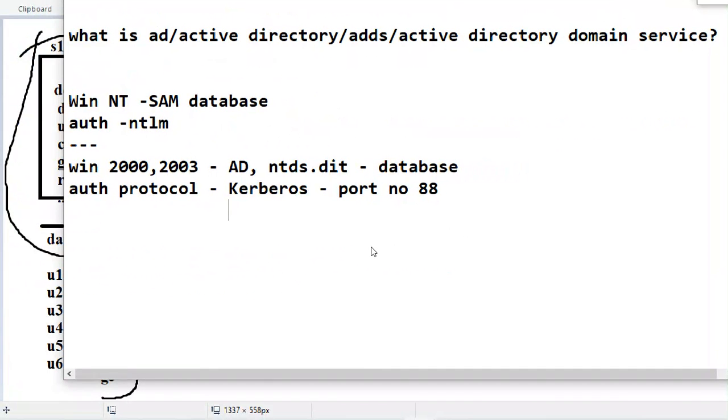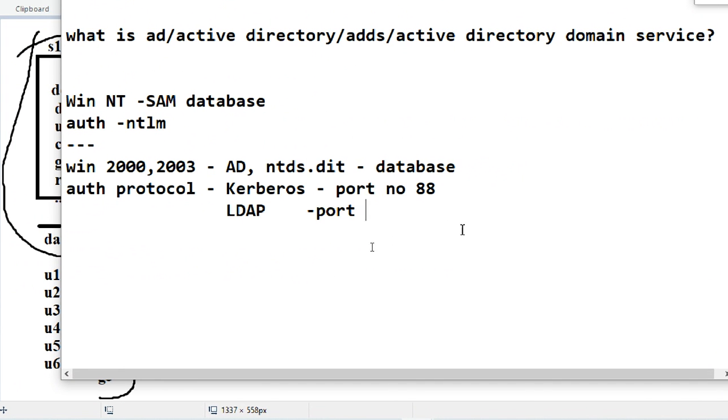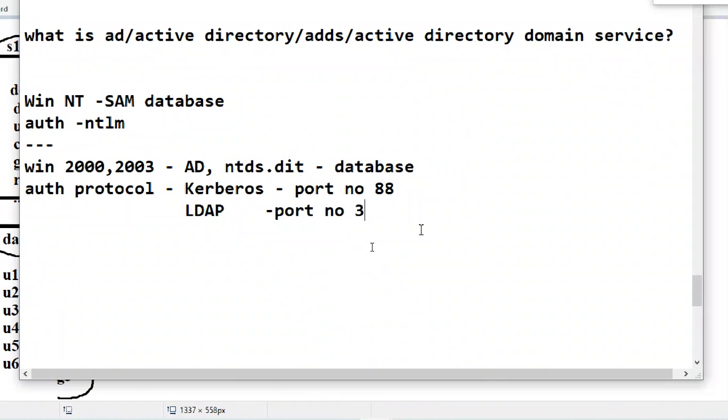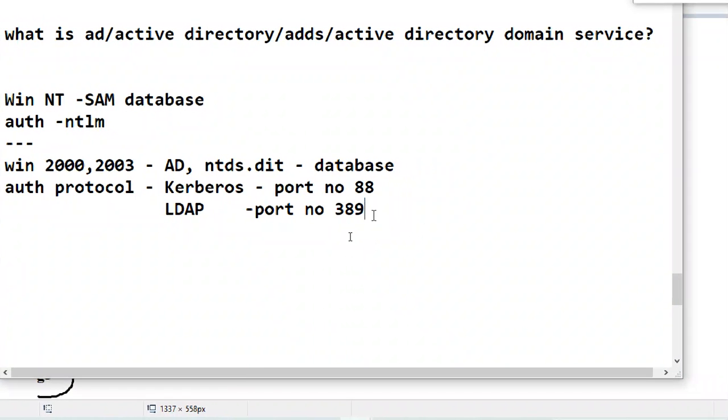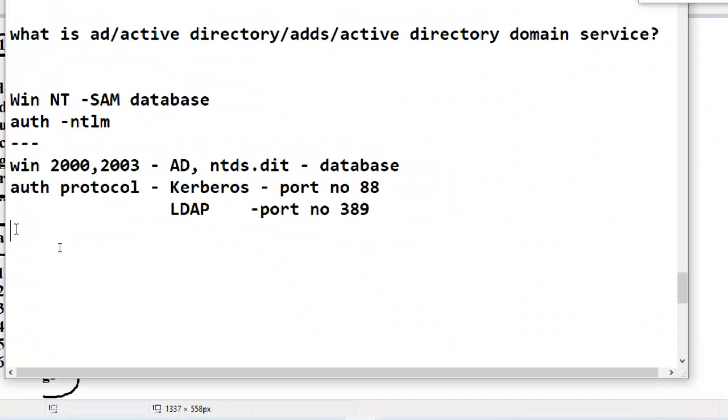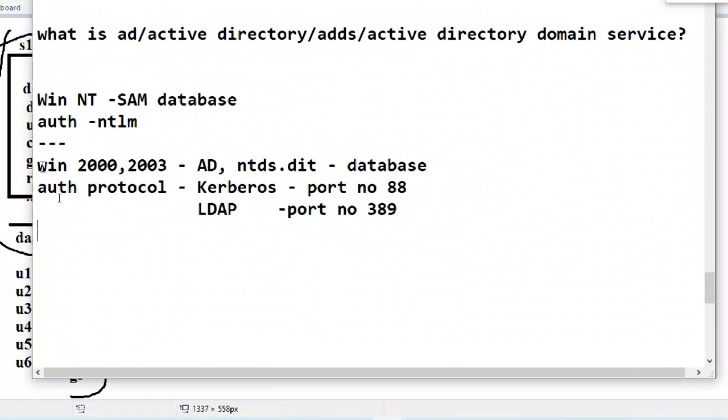Of course, in Windows we use another protocol called LDAP. Port number 389. Okay, so from Windows onwards Active Directory is there.